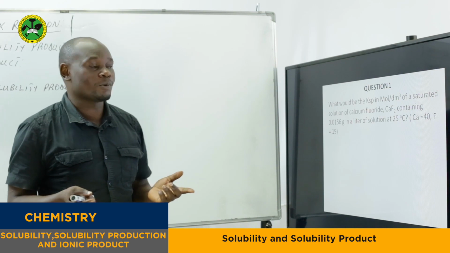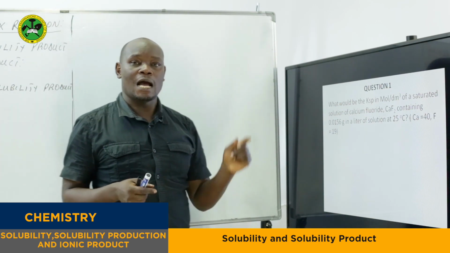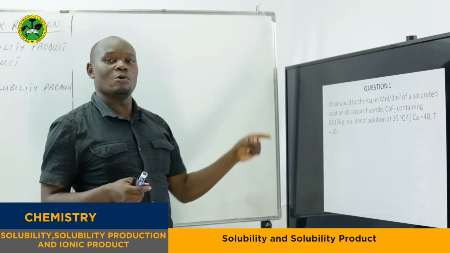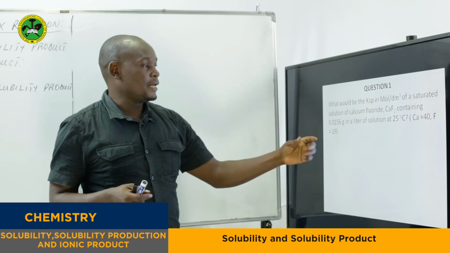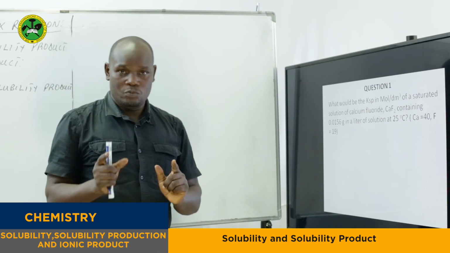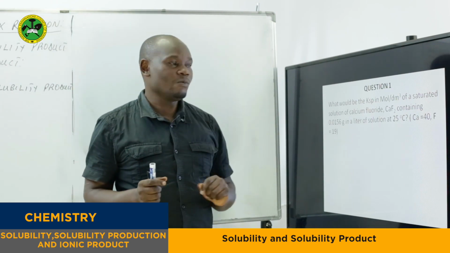So you have been asked to calculate the Ksp, which is our solubility product or solubility constant, and our sparingly soluble substance is calcium fluoride.